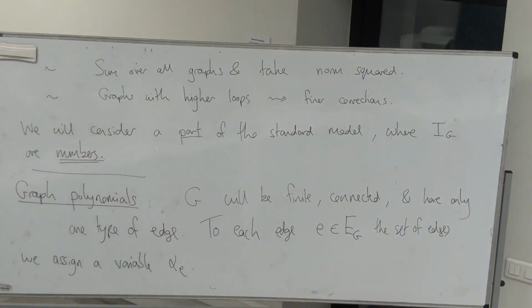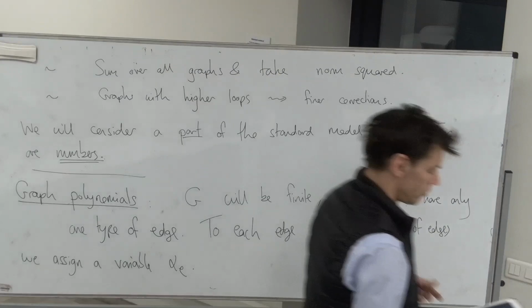It's sometimes called the Schwinger parameter. So to every edge we have a variable.